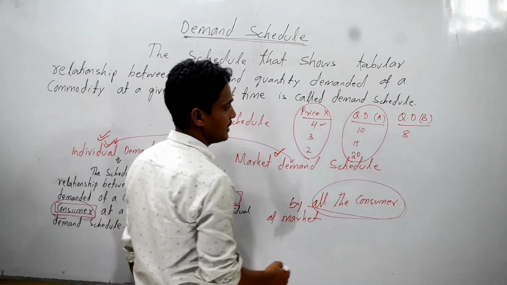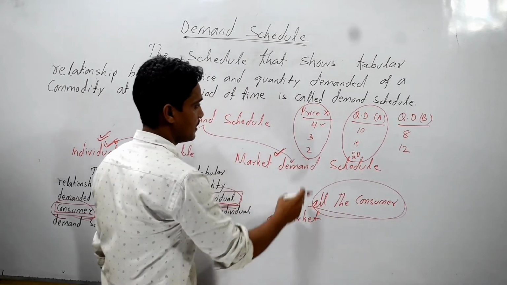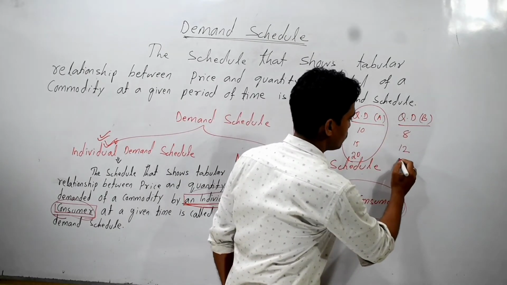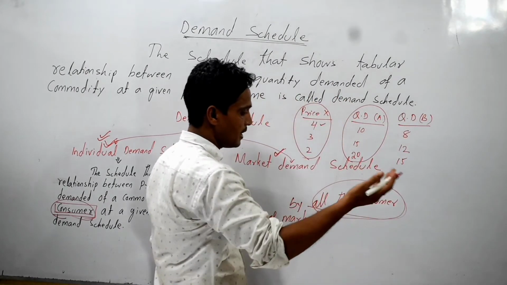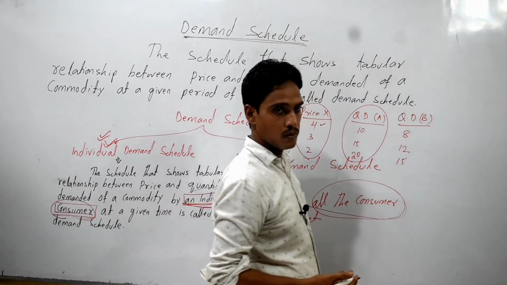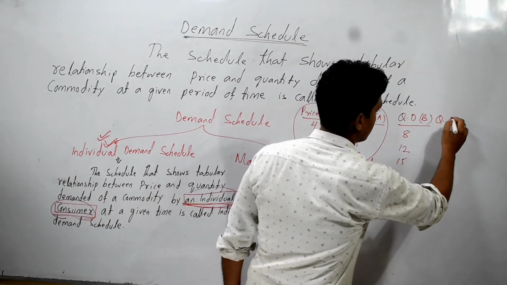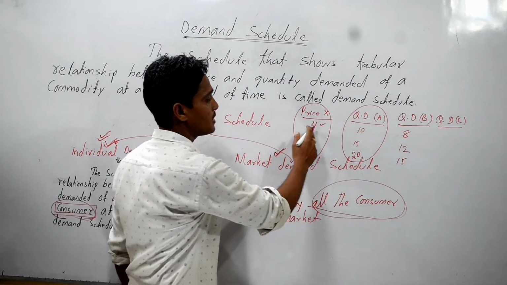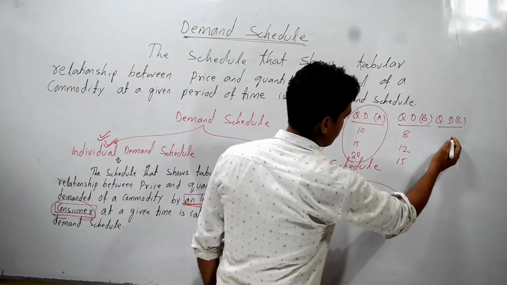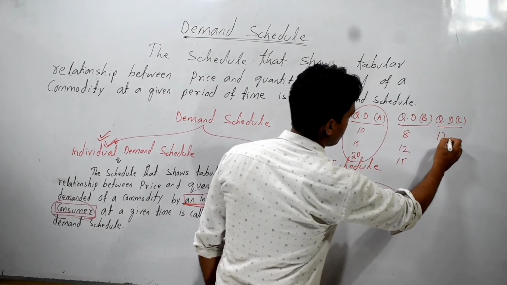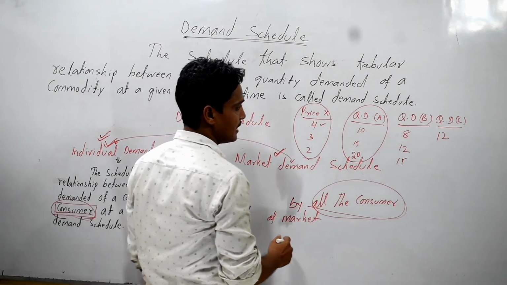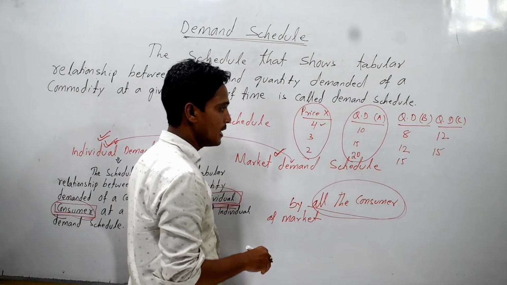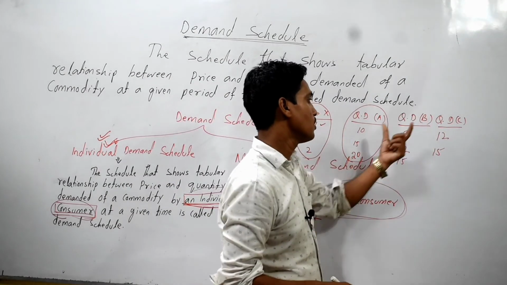When the price is 3, B demands 12 units, and when the price of X is 2, B demands 15 units. Similarly, take another consumer in the market, consumer C. When price is 4, C demands 12 units. When price is 3, C demands 15 units, and when the price decreases to 2, C demands 20 units.